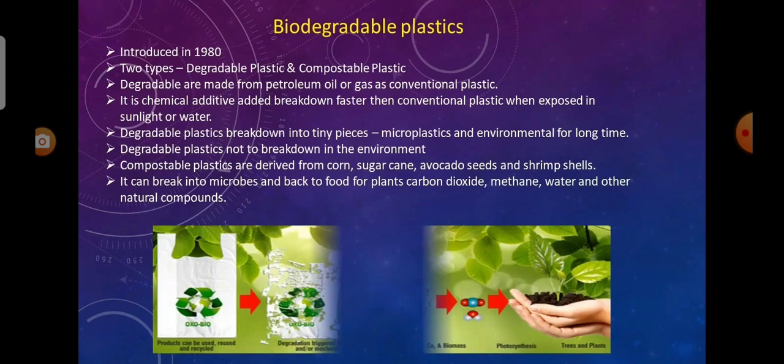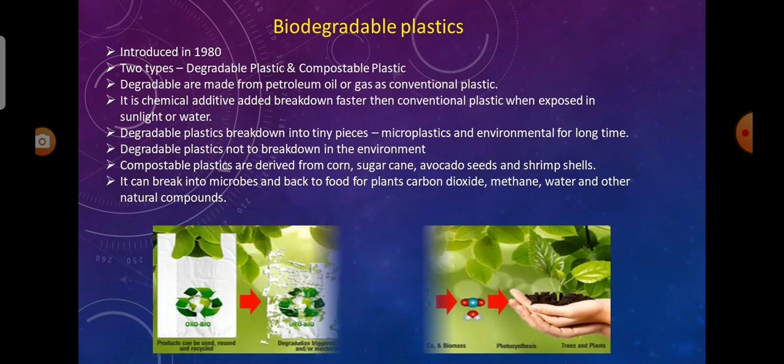And we see about biodegradable plastic that was introduced in 1980. This has two types. One is degradable plastic and another one is compostable plastic. Degradable plastics were made from petroleum, oil, or gas like conventional plastic.